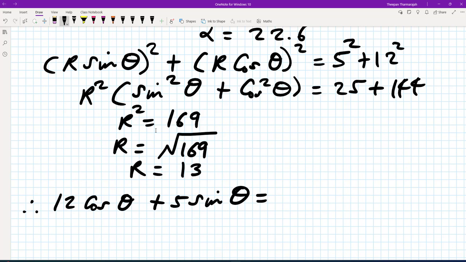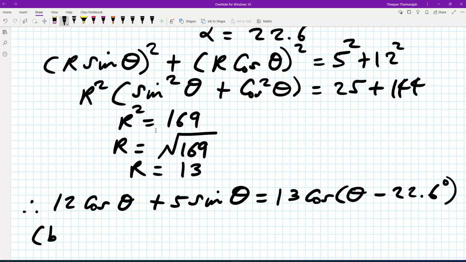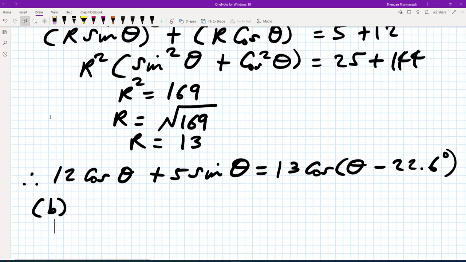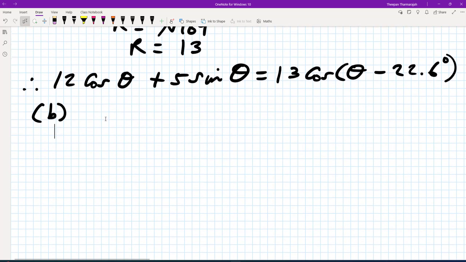So what that implies is we can say, therefore, 12 cos theta plus 5 sine theta is equal to 13 cos(theta minus 22.6 degrees). Then it states, find the maximum value of f(theta) and the value of theta at which this occurs.